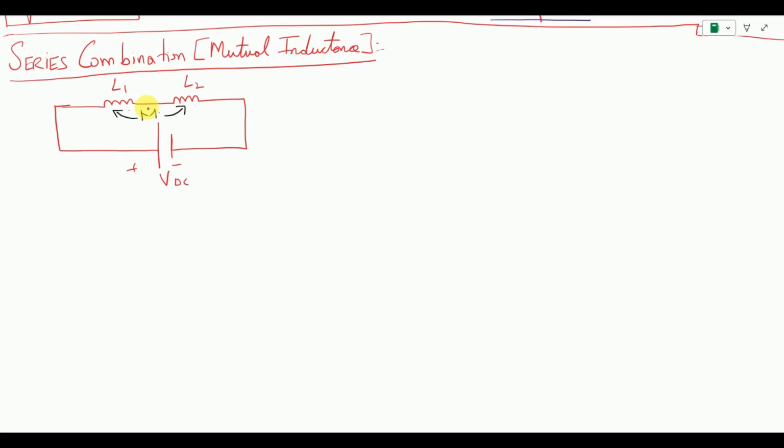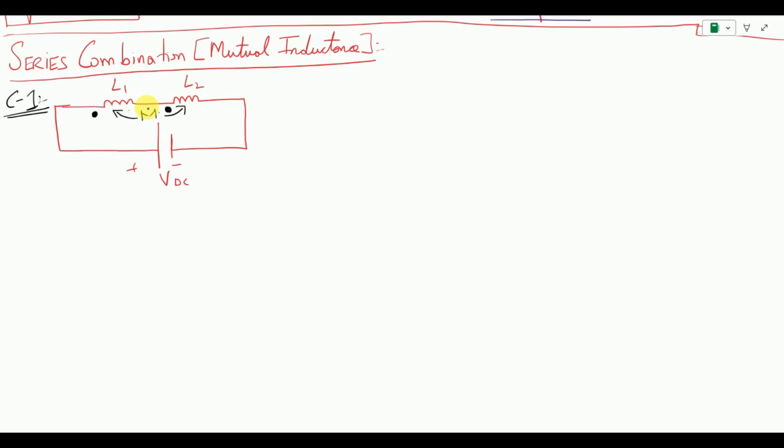So let us say in the first case, let us call this case number 1, we placed the dots at the input of the terminals. So L1's dot is over here and L2's dot is at the input side, and now we want to figure out the L equivalent for this kind of circuit. In order to do this, we follow these steps.